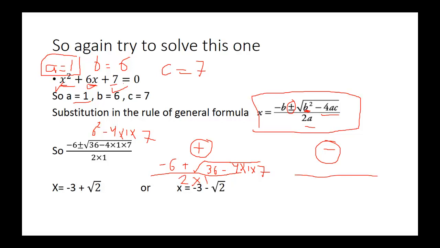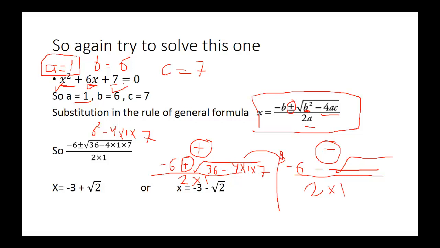And the same as you have solved here, in the negative case, instead of writing plus, you will write minus. So negative 6 and the same square root over 2 multiply a.